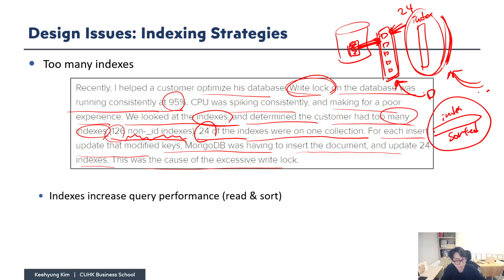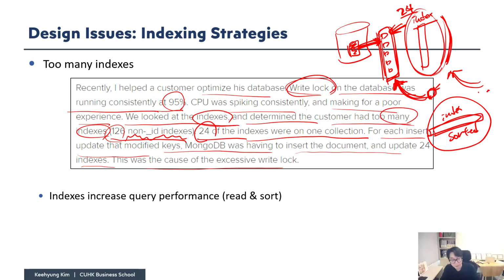So when a new document is added, we have to find where to put this new document in the index. So this index needs to be checked again and updated. And the problem is that if you have 24 indexes in one collection, when just one document is added, all 24 indexes should also be updated together. And that's the problem here.